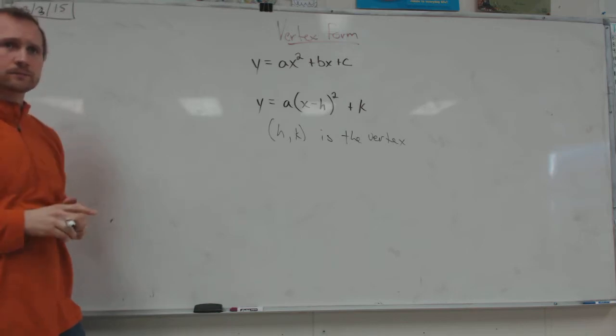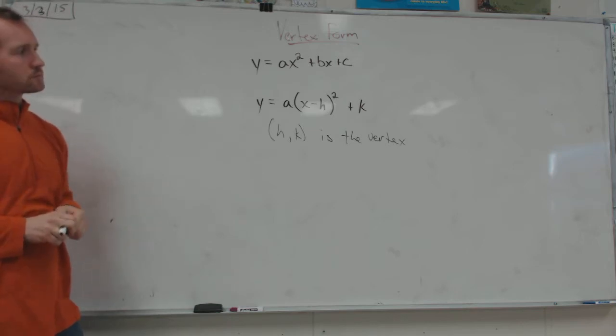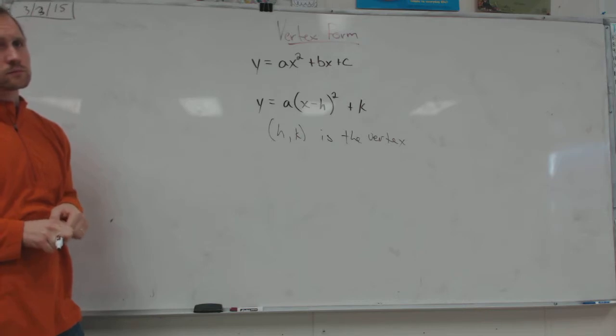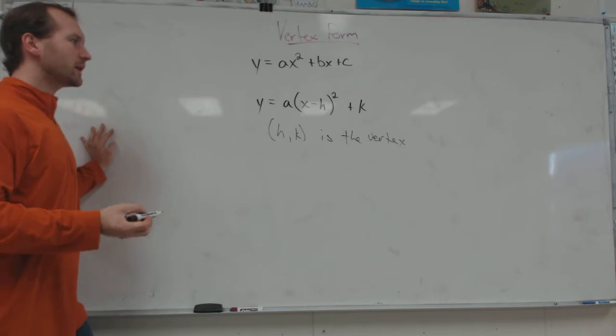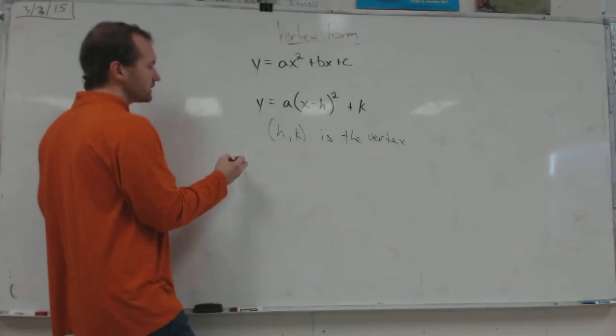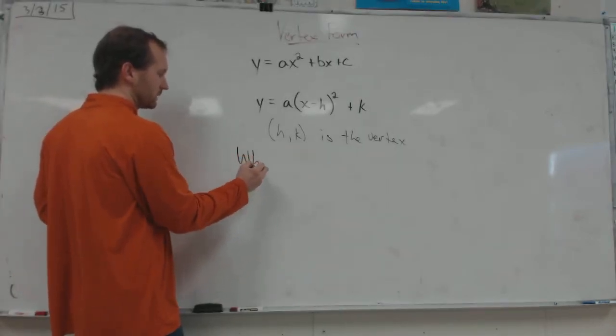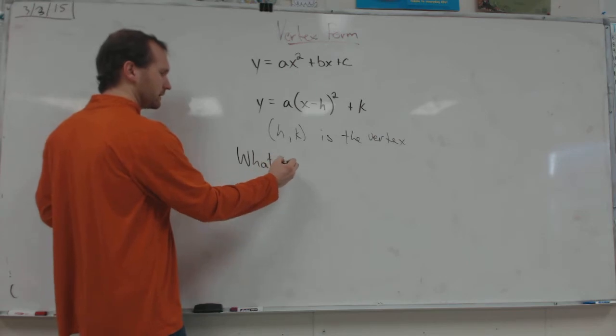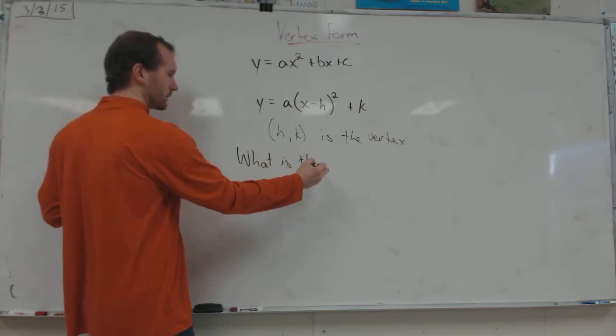Yeah? If h was, say, 6, would the minus sign before it count as h, so it would be negative 6? Right. Yeah, so let's look at an example of this. And the question today is simply going to be, what is the vertex?